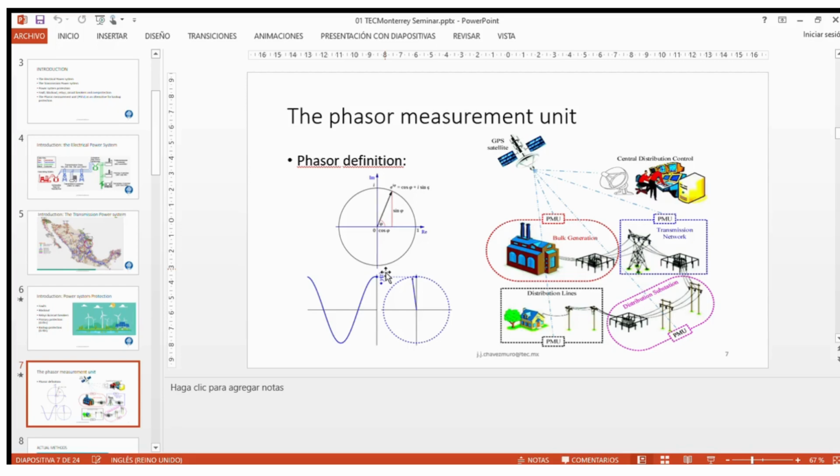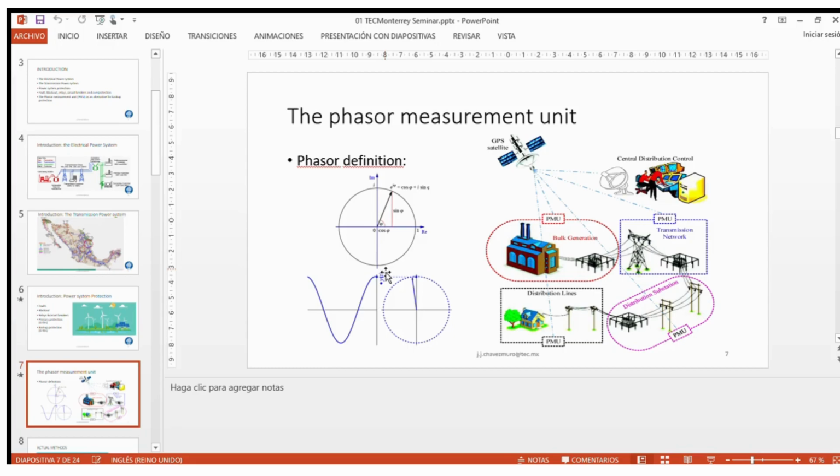Maybe for some of you this is so basic, but don't forget the speed and the dynamics that we have on the electrical power system. Talking about protection and faults, there can be a fault that lasts only microseconds, but there can be other transients, electromechanical transients, that last for 3 to 5 minutes.